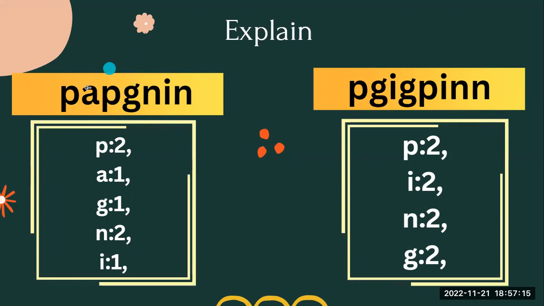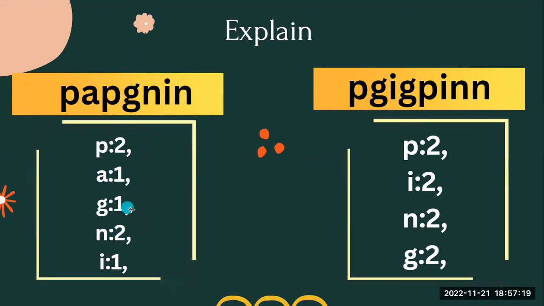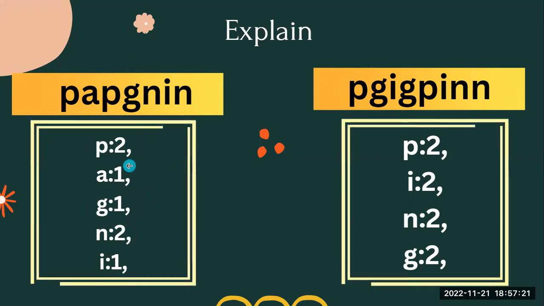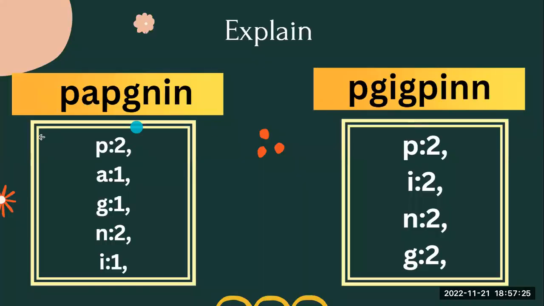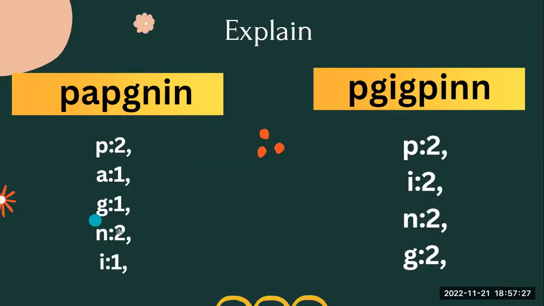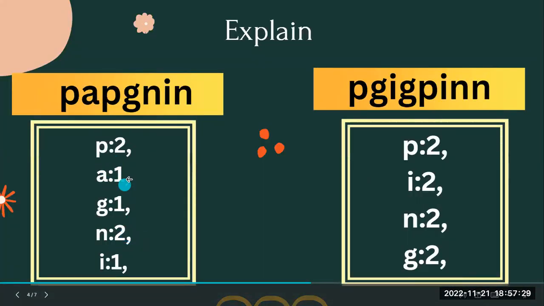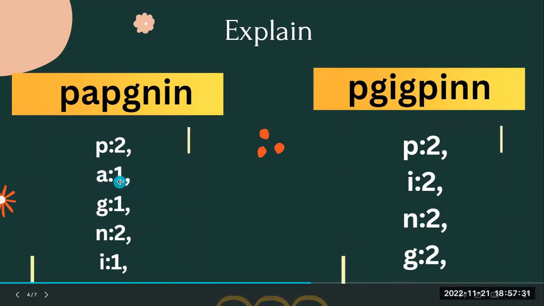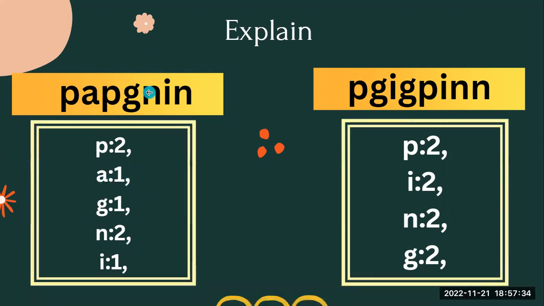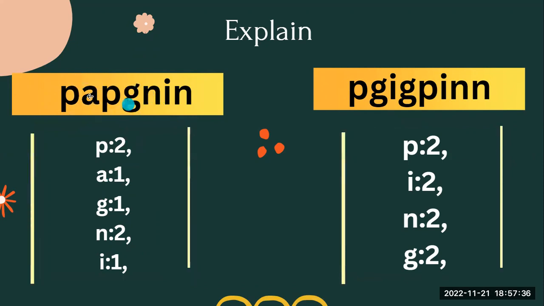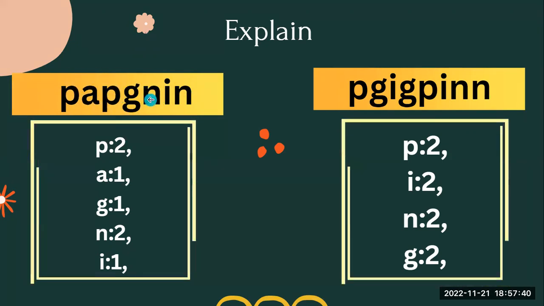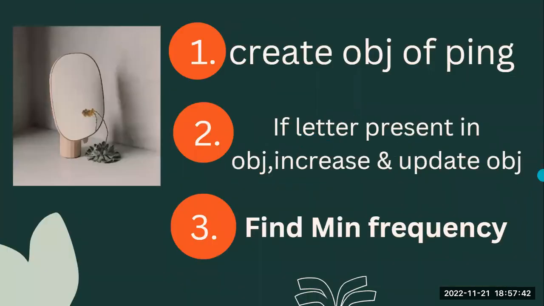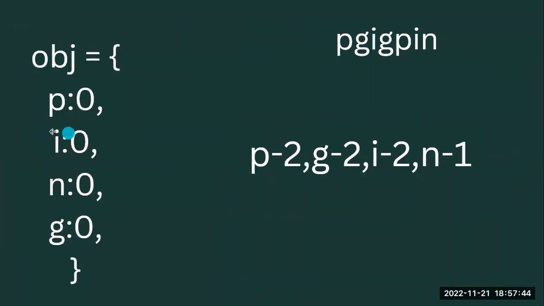You can calculate it, but if you find the minimum here, then maybe a is present here, a is present in this string, and maybe all counts are greater than 1. So how can you find the minimum? That's why I cannot create the object using this. Okay, I create the object using ping. Understand?